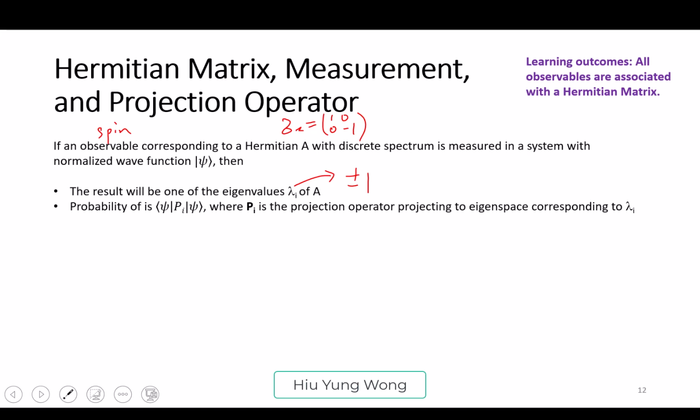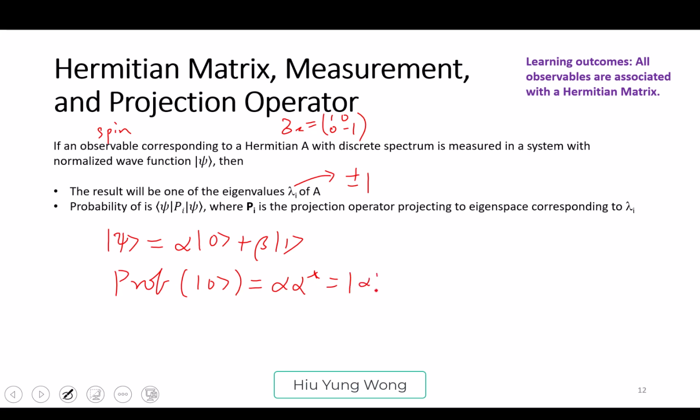Remember that if I say I have a state which is psi equals alpha 0 plus beta 1, we say the probability of measuring 0 equals alpha star alpha, or the magnitude of alpha squared, right?